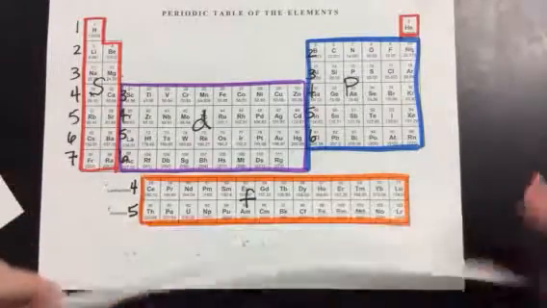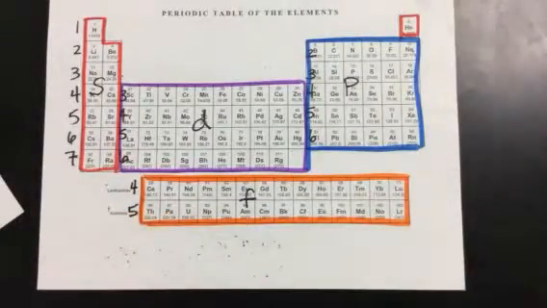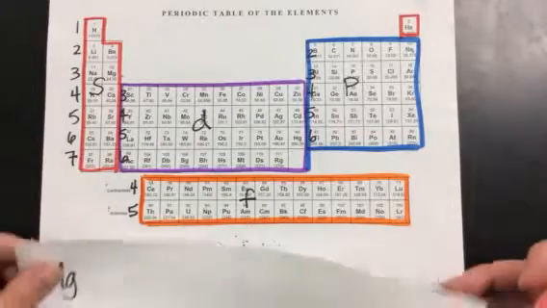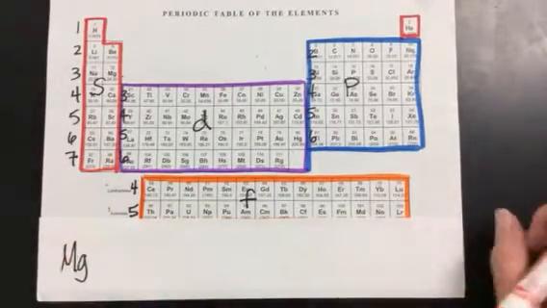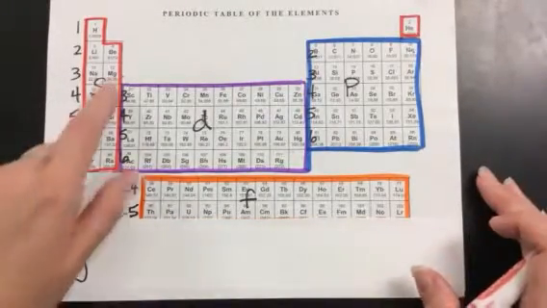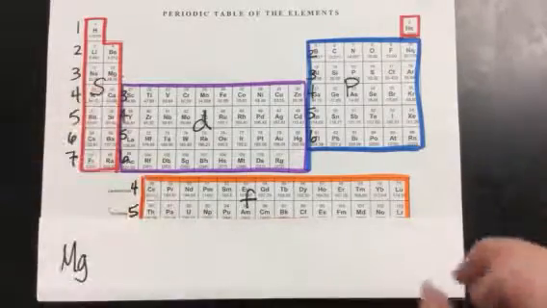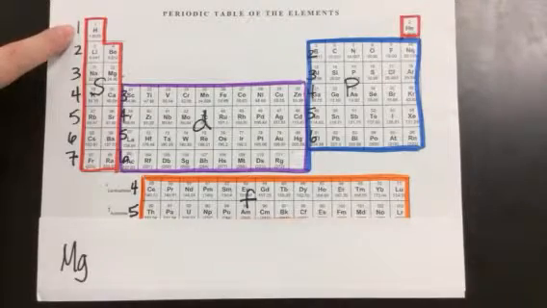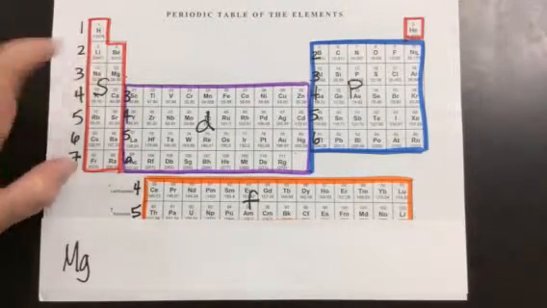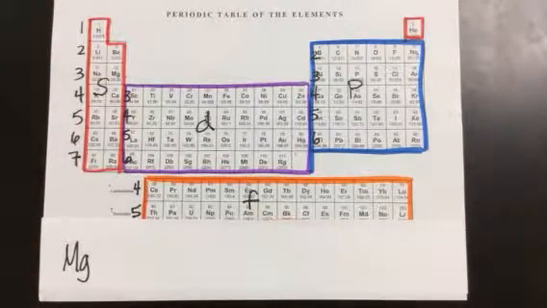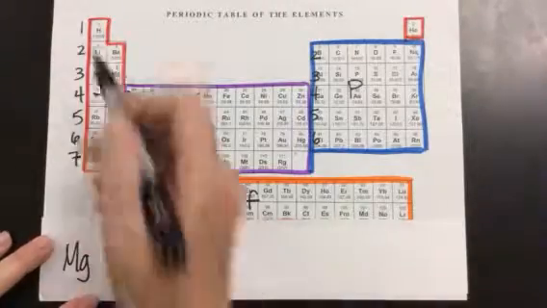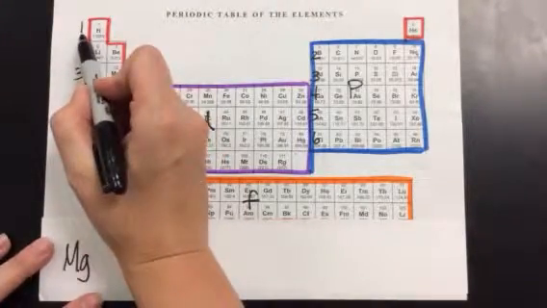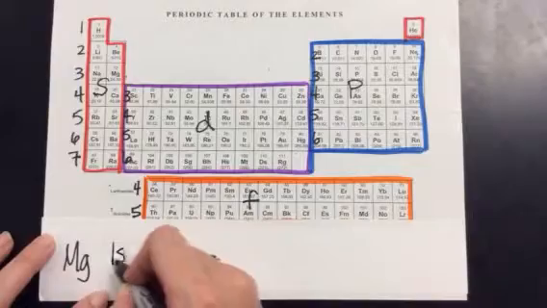To do this, I have a couple of examples, and it follows the same process that we just did. If we have magnesium, it lives right here on the periodic table. So I'm going to write out my energy levels and my block and tell how many electrons are there. I start up here at the top with 1, and this is the S block.